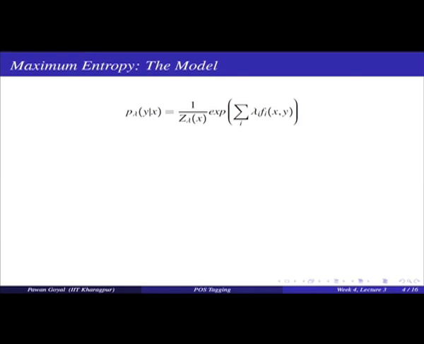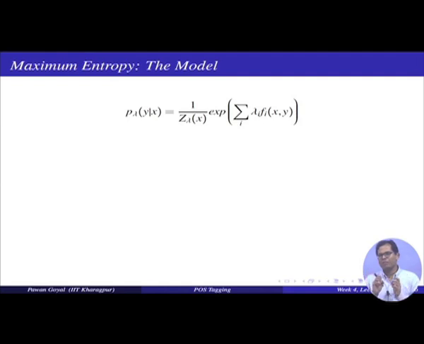So this is the maximum entropy model. This is how you write the probability of y, where y is the class, that is one of the tags, given x, my observation. It can include anything in my context. It can include the current word, previous word, next word, anything in the sentence.